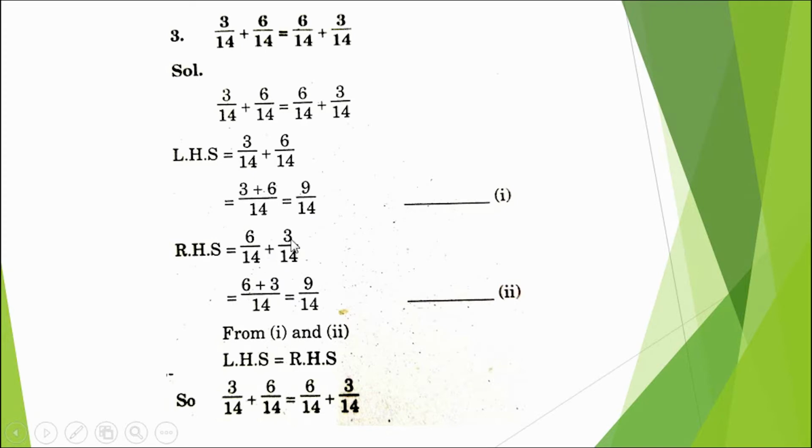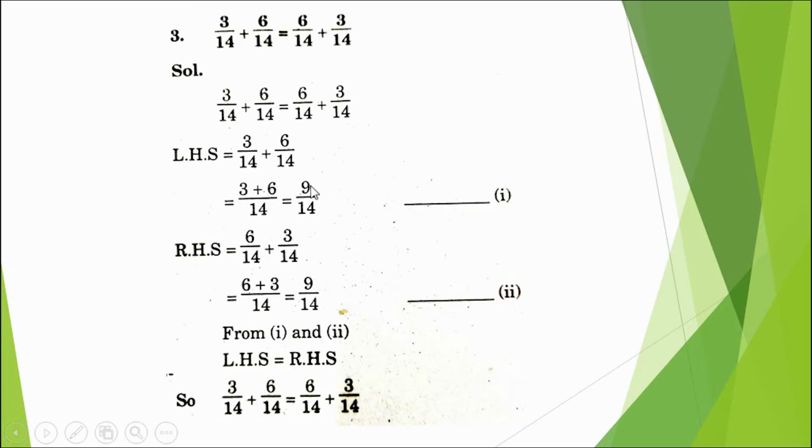Now right hand side, 6 over 14 plus 3 over 14. Now denominators are the same in all values, we write it one time, 6 comes as it is plus 3 comes as it is. Now we add 6 and 3, answer will be 9, and 14 comes as it is. Now left hand side is equal to 9 over 14, right hand side is equal to 9 over 14. Therefore left hand side is equal to right hand side.